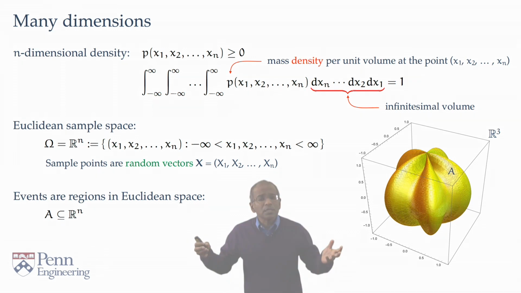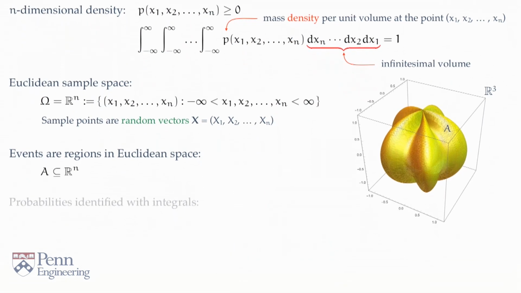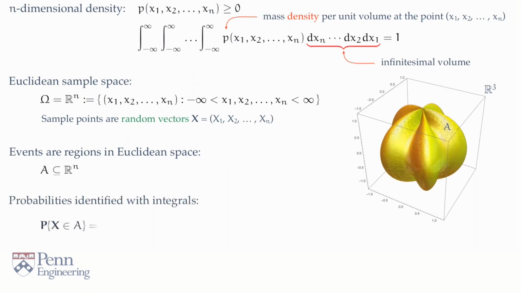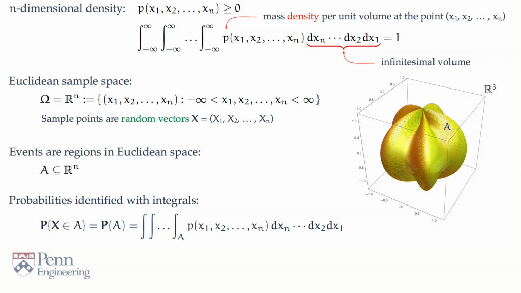Well, probabilities are via additivity identified with integrals. The probability that a random vector, the outcome of this composite idealized experiment, lies in a designated region A is simply the integral of your n-dimensional density over that region. And there you have it.